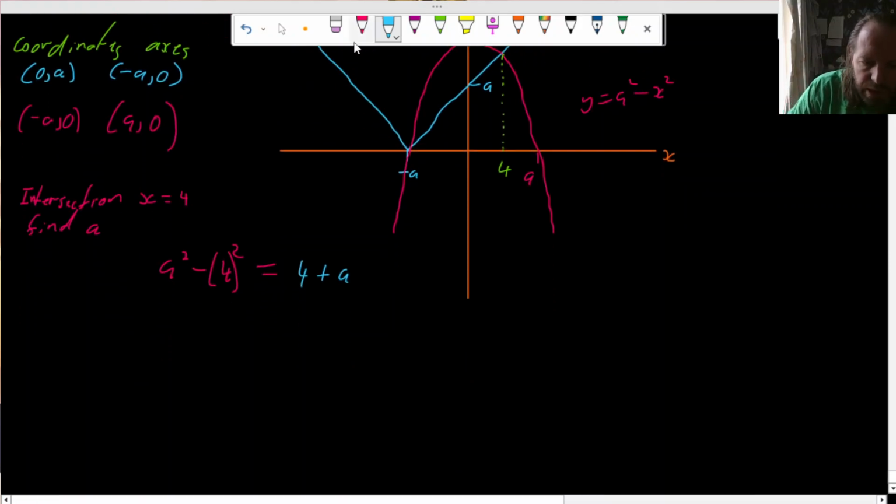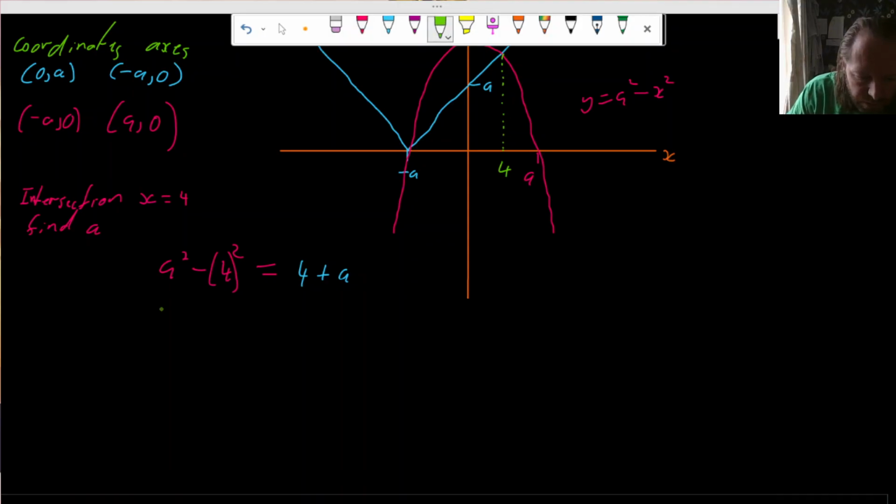So what do we get with that? Let's just put it all together then. So we've got a squared minus 16 minus 4 minus a is equal to 0. a squared minus a minus 20 is equal to 0.